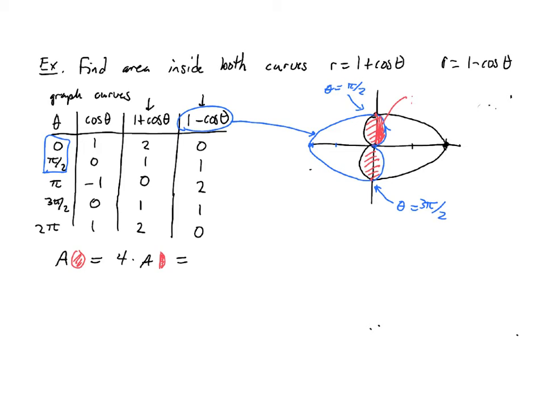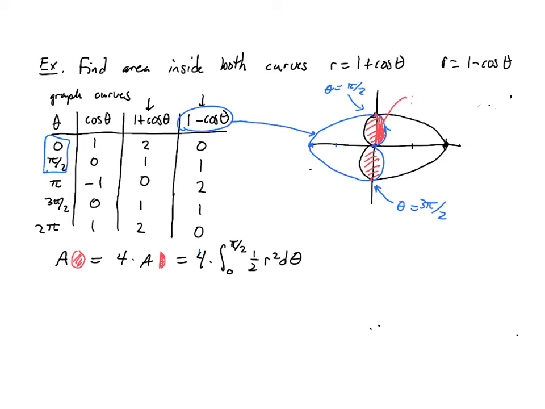And so we have times 4, the integral from 0 to pi over 2 of 1/2 r squared d theta, using our area formula that we had a minute ago.